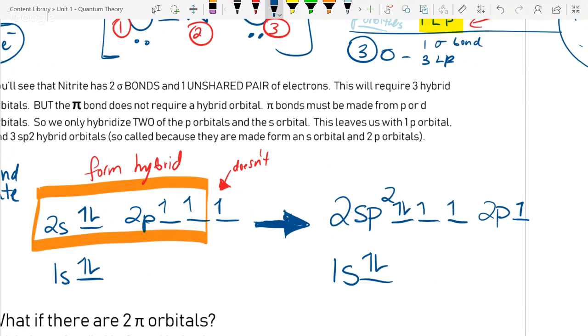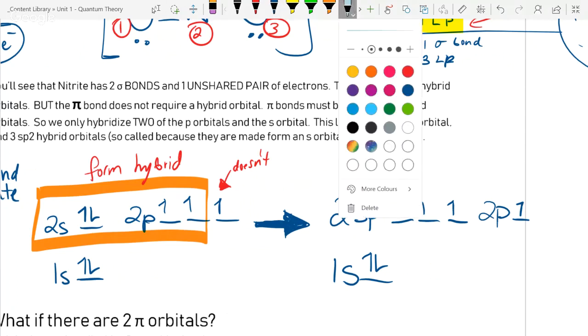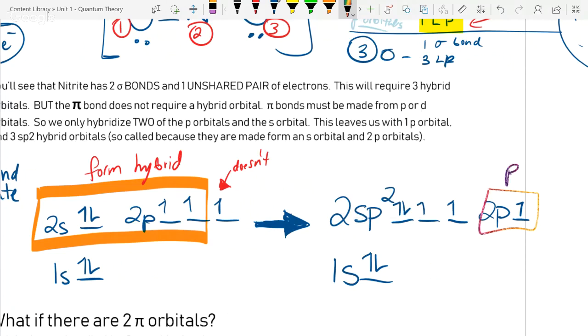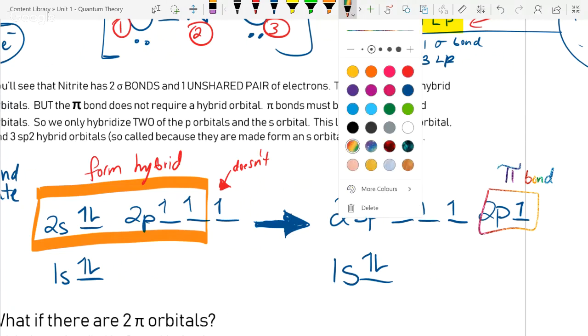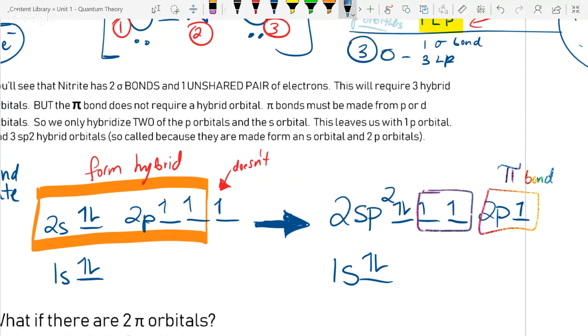And so if you look, now what do we have? Well, this is going to make a pi bond. Actually, I've been using the pi symbol, so I should be consistent. That's going to make a pi bond. These will form sigma bonds, right?